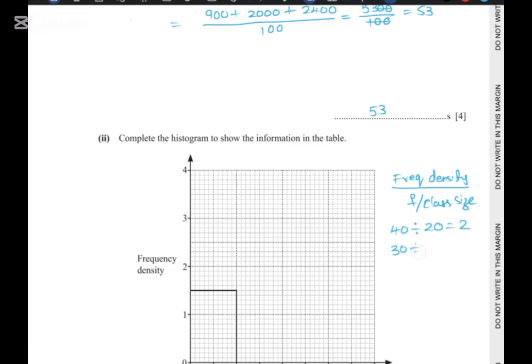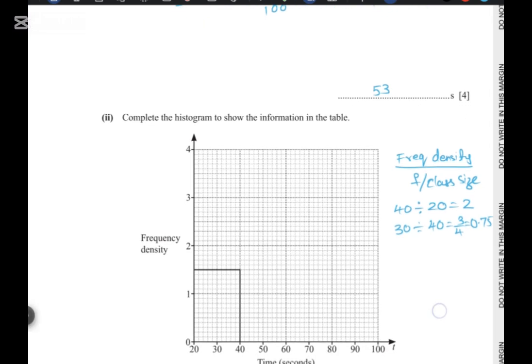So 30 divided by 40 will be 3 by 4, which is 0.75. Now you need to remember the decimals of some of the fractions. So 3 by 4 is 0.75, you have to remember. Like 0.5 is half and 0.125 is 1 by 8. Same way you need to remember.